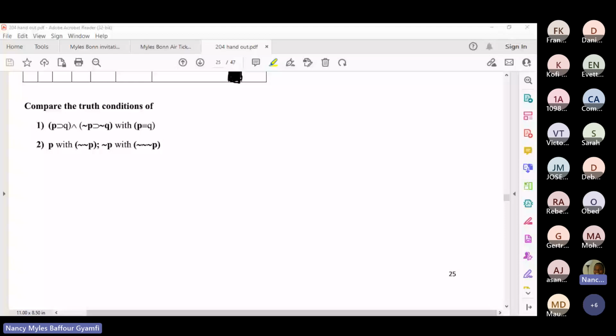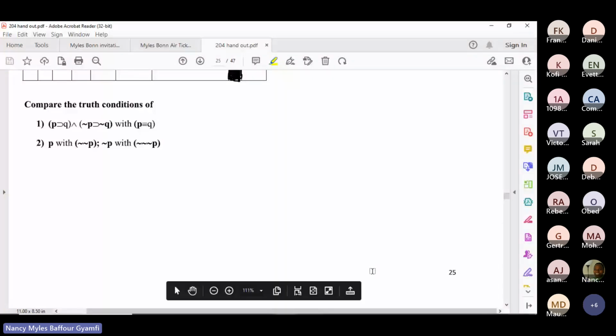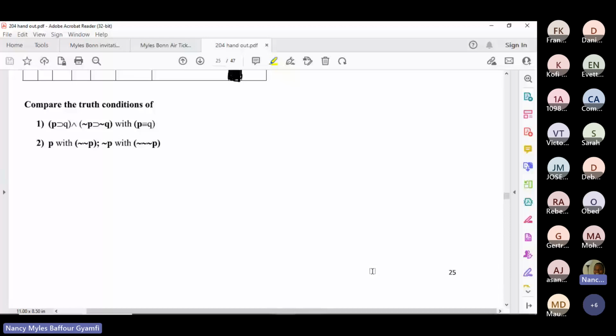Material equivalence says if I have P biconditional Q, it's the same as saying if P then Q, and if not P then not Q. That's one of the renditions of the material equivalence rule.